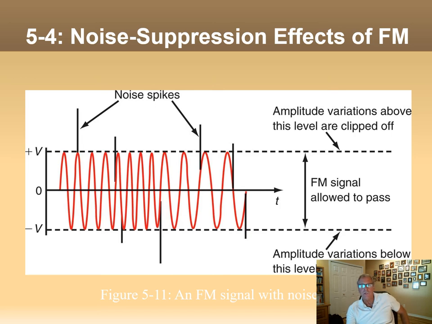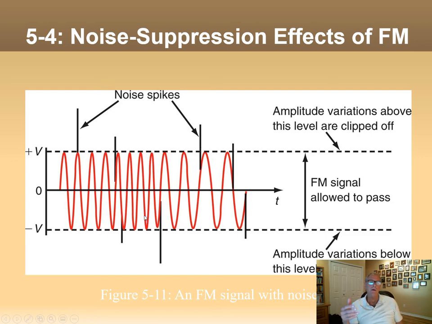So the message to you is the worst possible place for noise to occur is right there, right where it crosses zero, because that's the spot that the phase detector on the phase lock loop uses to determine the phase of the signal. So if noise is going to come along, don't have it happen there. Have it happen over here at the peaks or something.